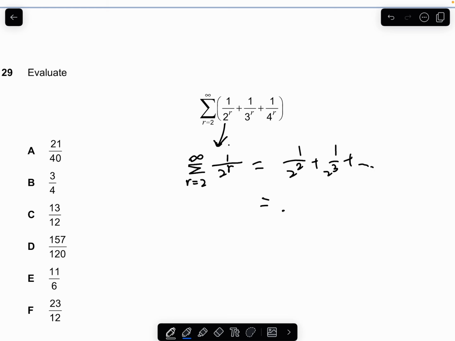Yeah, it's something like this, and it equals this, which is this.